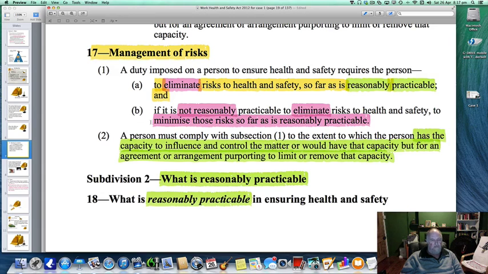With the children's playground, it's not reasonably practical to eliminate the risks. So therefore you have to minimise them as much as you possibly can. And that includes having low impact ground cover. You know, you can get this sort of bungee kind of coating that you put on the ground. It's like asphalt, but it's thick and it absorbs impact.